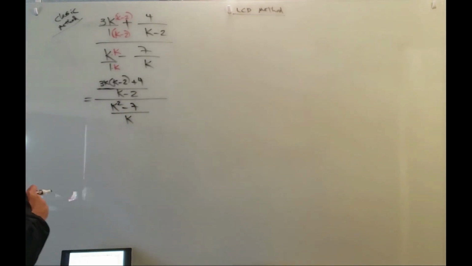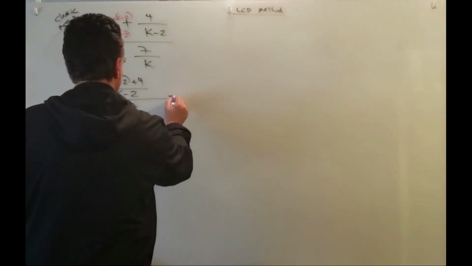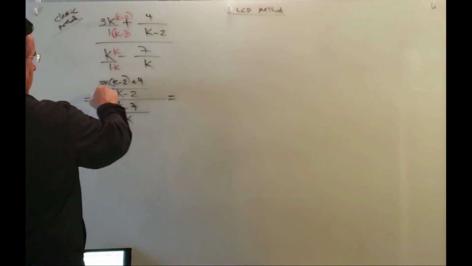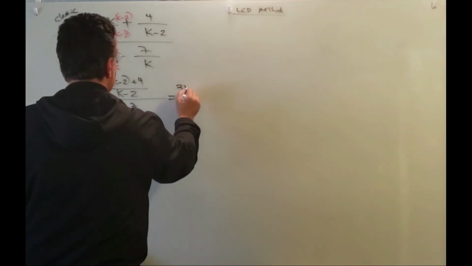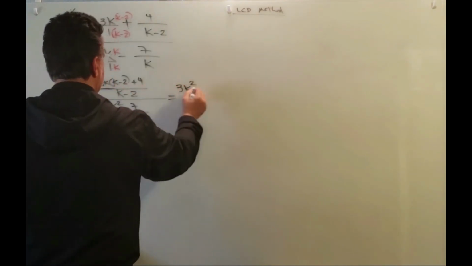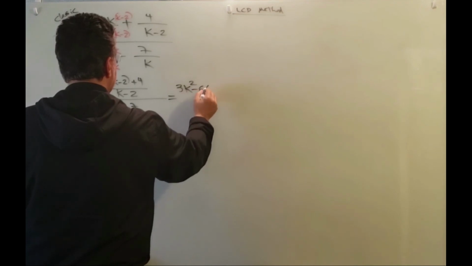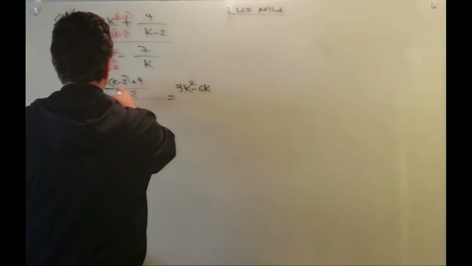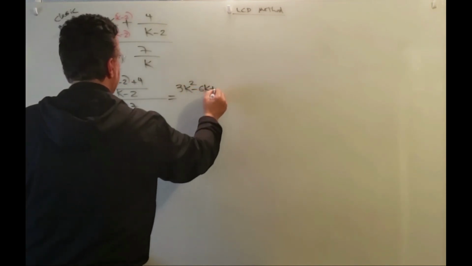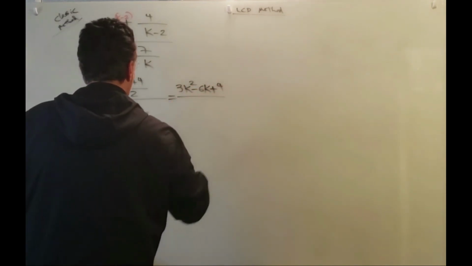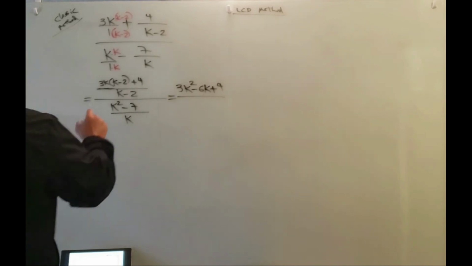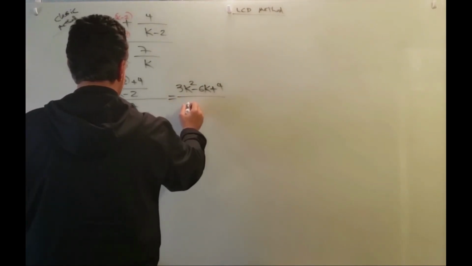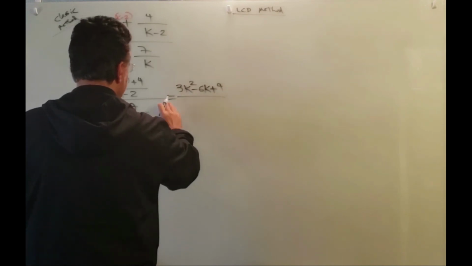Now, we're going to go ahead and simplify this expression. So we're going to end up with what? 3k squared minus 6k plus 4 over k minus 2.